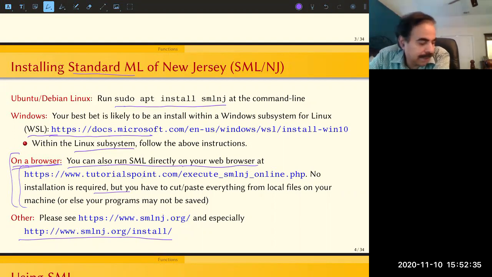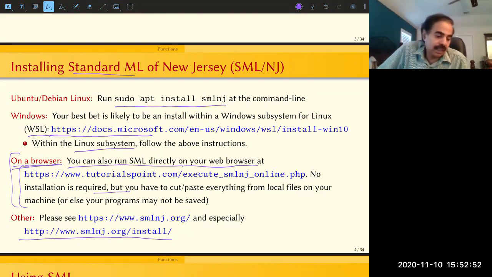Right. So this WSL is something that I would strongly recommend. Those of you using Windows, if you don't have it already, you should have installed it a while ago, right? Because it's really a very good system. And again, most software that you want is going to be on Linux, right?